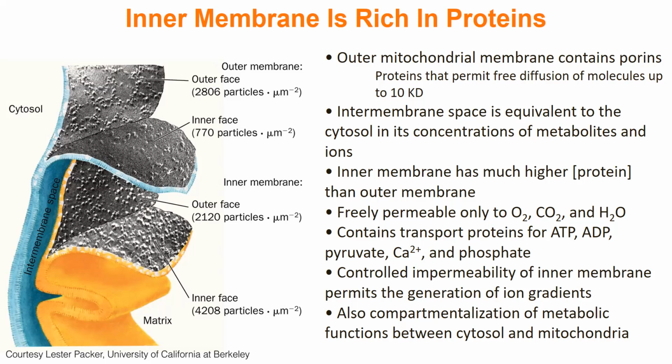So it's very closed off. It's very controlled. And this allows us to have the mitochondrial matrix be completely different than the cytoplasm. They're like two completely different environments by having the inner membrane constructed the way that it is.